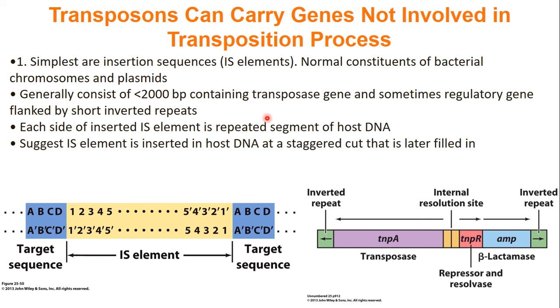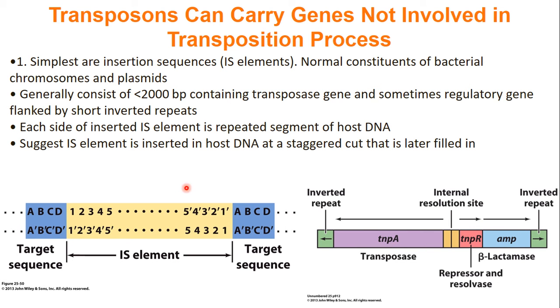Roughly, they are less than 2,000 base pairs. They have your transposable gene, sometimes regulatory genes, flanked by short inverted repeats. So here we can see we have beta lactamase, we have a repressor, and then we have our transposase, which will actually do the transposition for us.